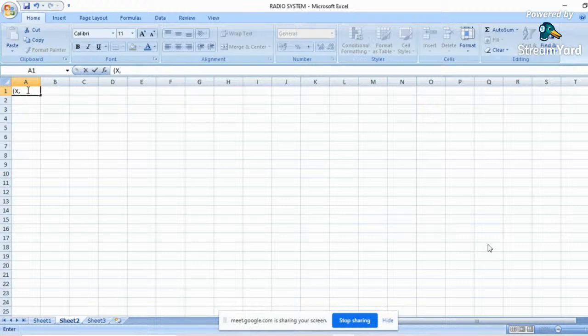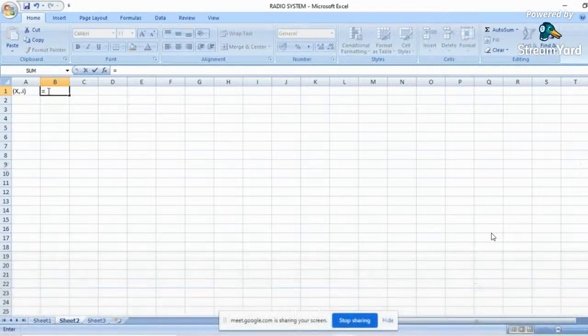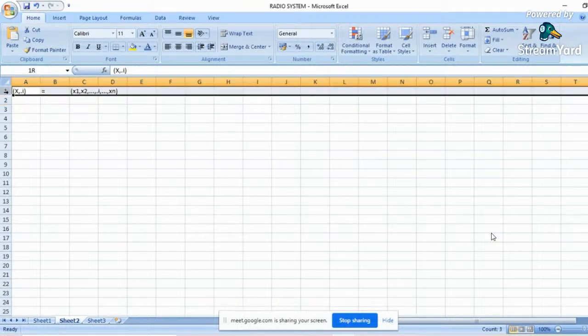X dot comma dot i, small i, is exactly equal to x1, x2, etc., where the ith component is in state dot i, comma, etc., xn. This is one notation. Don't worry about that.